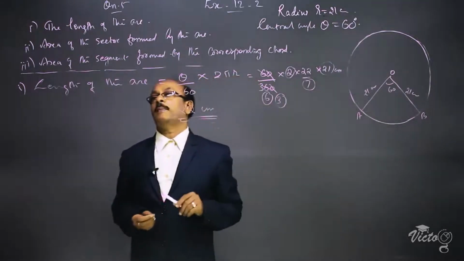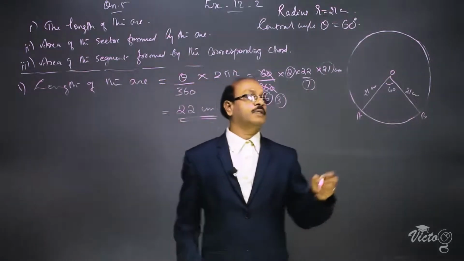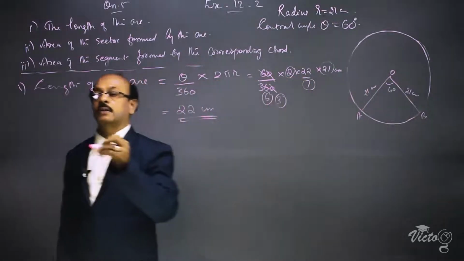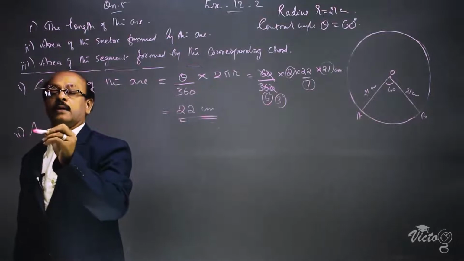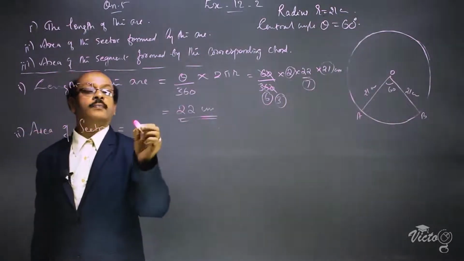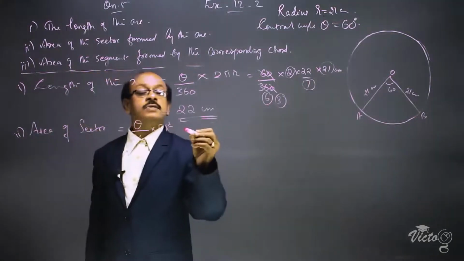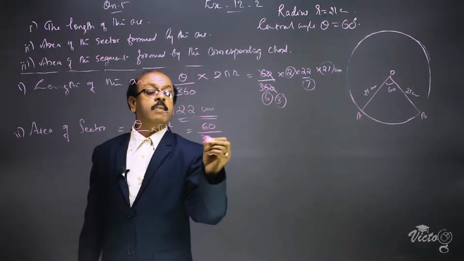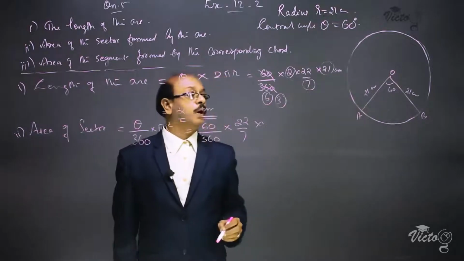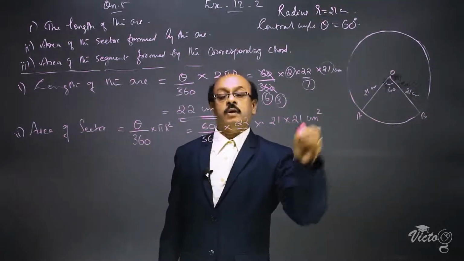Now, in the second part, we have to find the area of the sector formed by the arc, that is the area of sector AOB. The formula is theta by 360 into pi r square. Giving the values, 60 by 360 into 22 by 7 into 21 into 21 centimeter square.